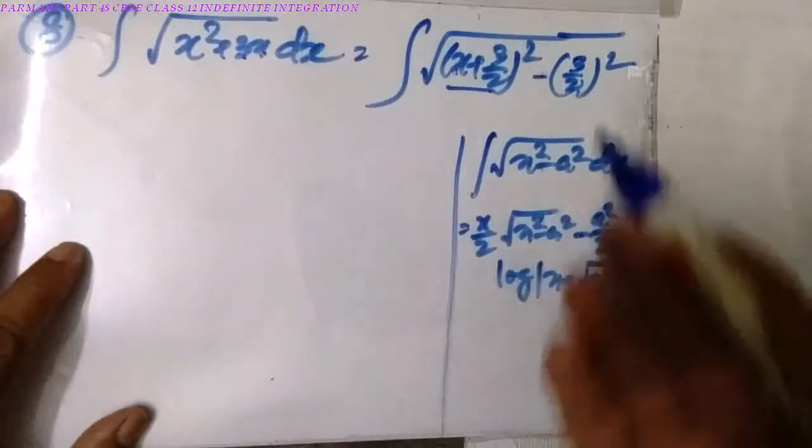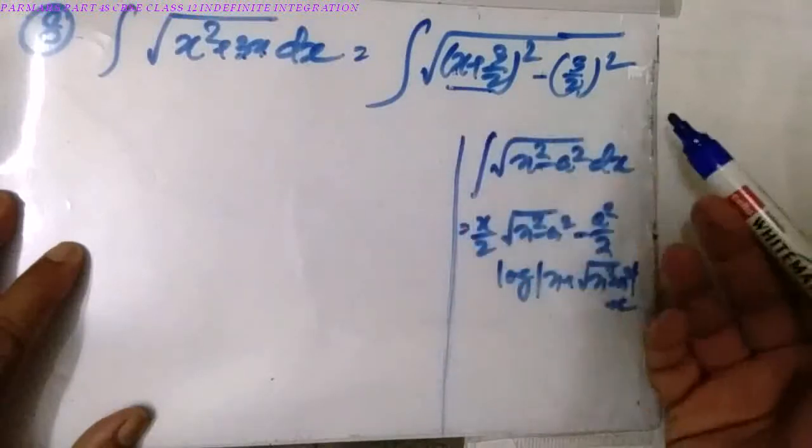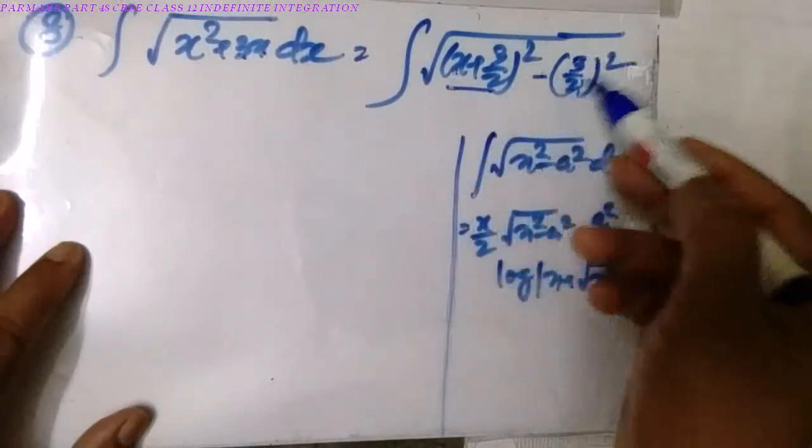So if you take x plus 3 by 2 as t, then dx becomes dt. So t square minus 3 by 2 whole square is the same thing.